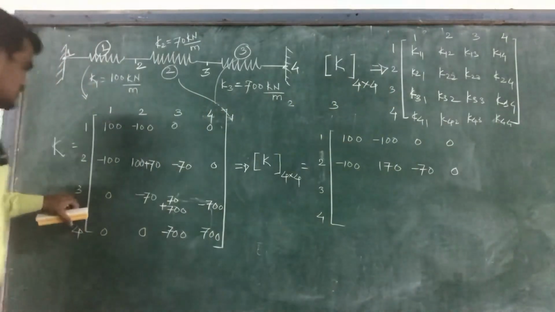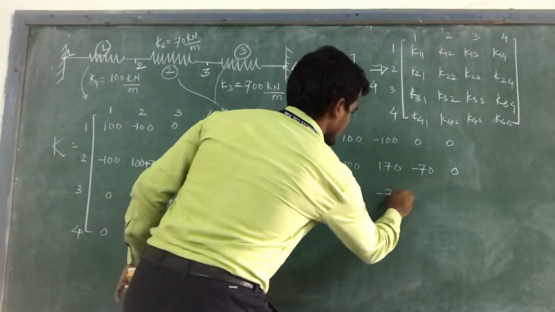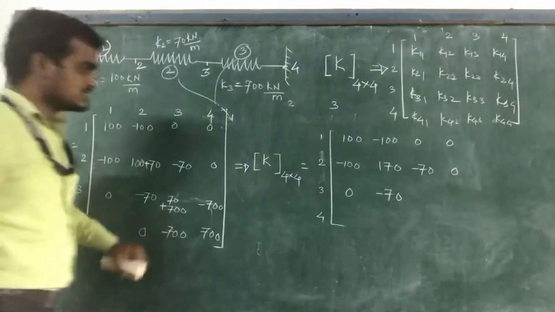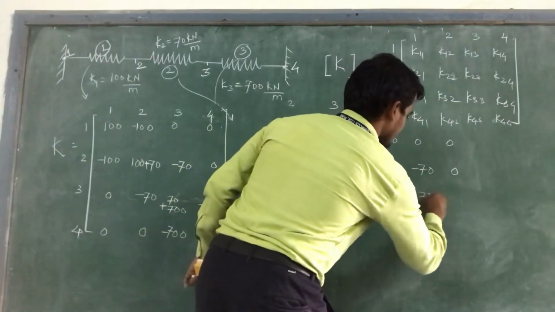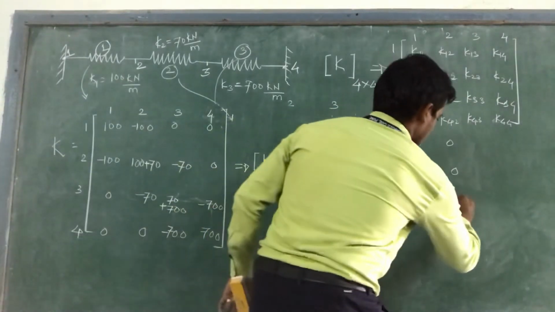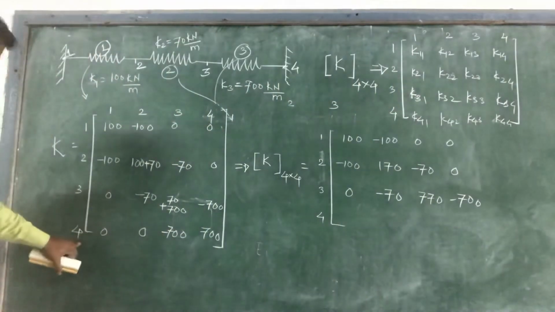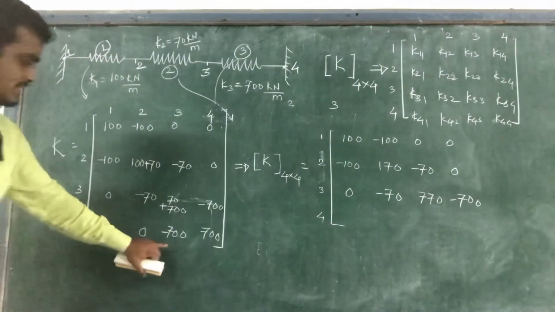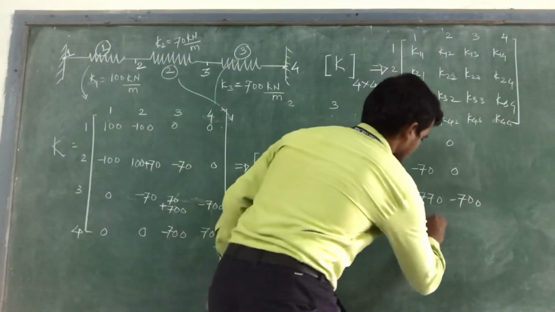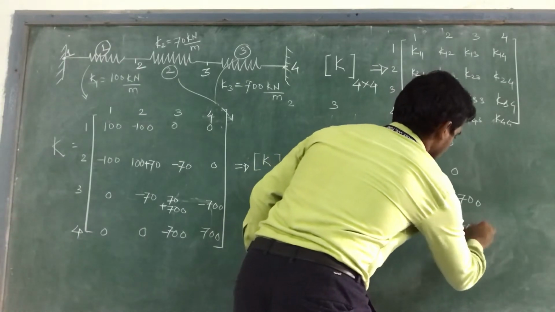Then the third row will become 0, minus 70, then 70 plus 700, 770, and minus 700. And the final row will become 0, 0, minus 700, 700.